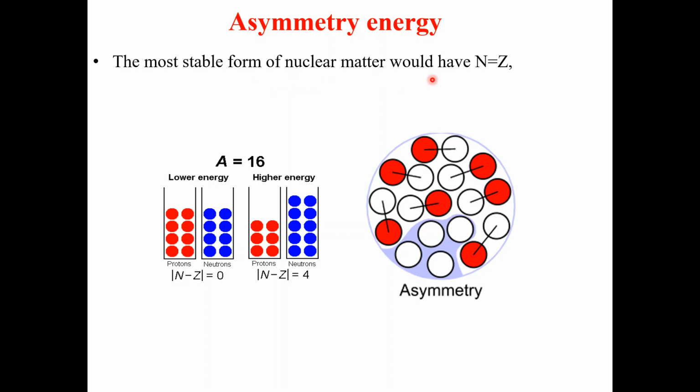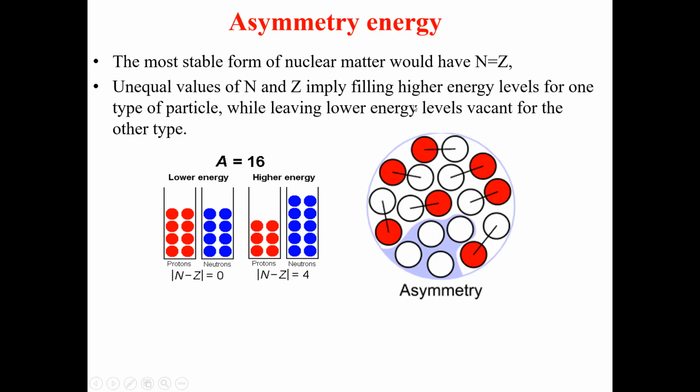The most stable form of the nuclear matter would have number of neutrons equal to number of the protons, and unequal values of the neutron and protons imply filling higher energy levels for one type of particles, while leaving lower energy level vacant for the other type. You can see this for yourself.